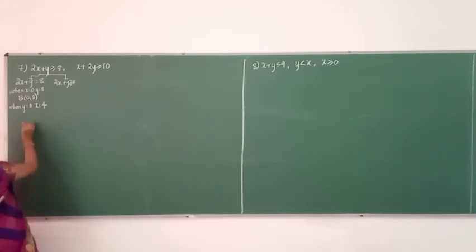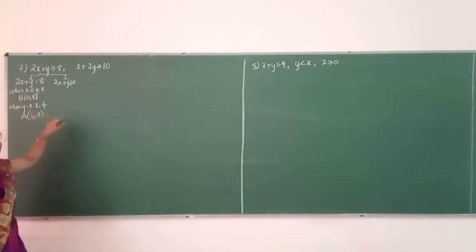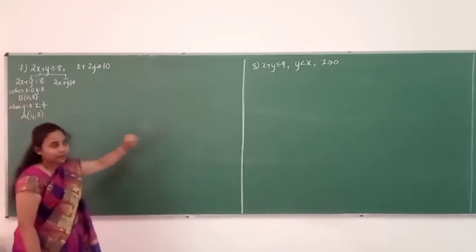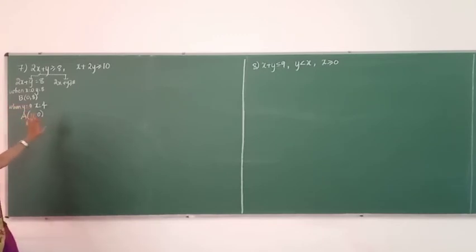The A coordinate is 4, 0. It is not compulsory that you write the y point as B and the x point as A, but whatever you consider as A and B, keep it throughout the graph. So A is 4, 0 and B is 0, 8. These are the points for the inequality 2x plus y is equal to 8.